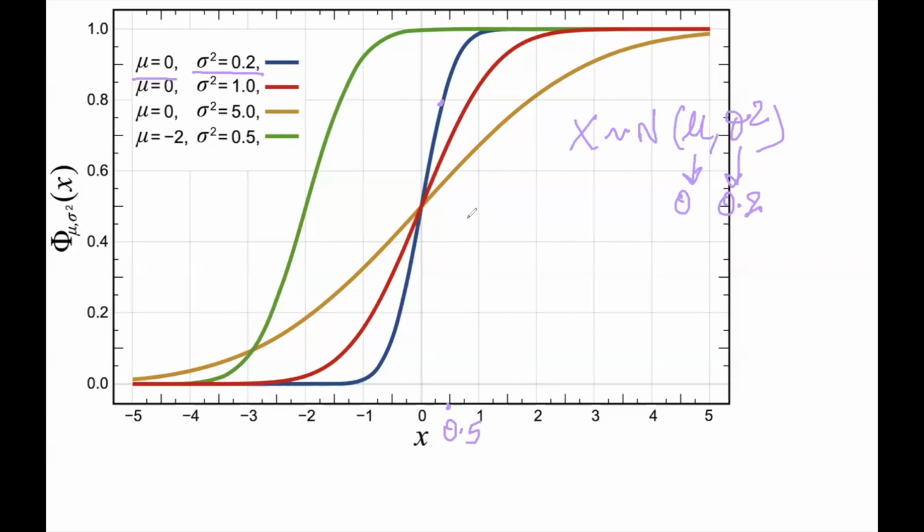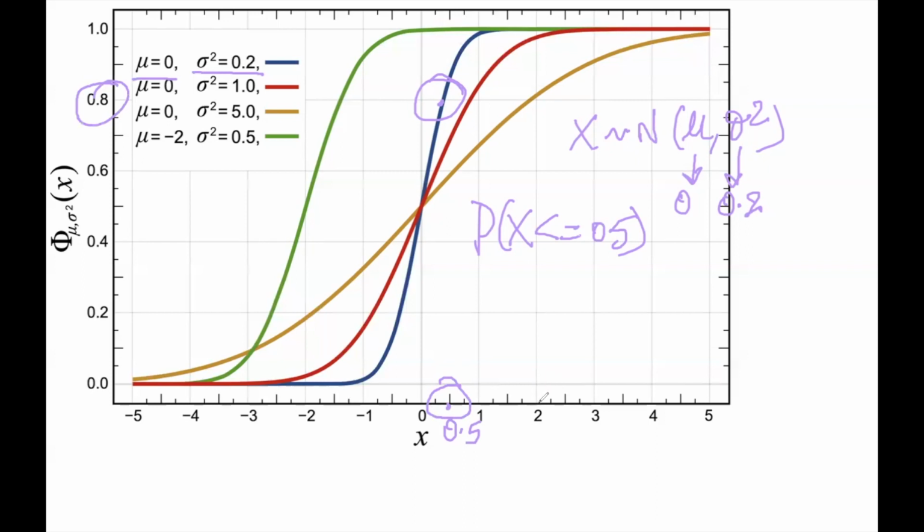Here it represents the probability that my random variable X is less than or equal to 0.5. So the height of my CDF tells me the probability that my random variable X takes values less than or equal to 0.5, and that will be 0.8. So that's what the CDF tells us.